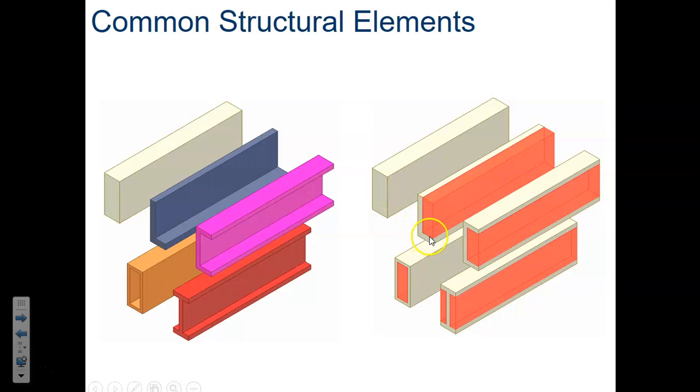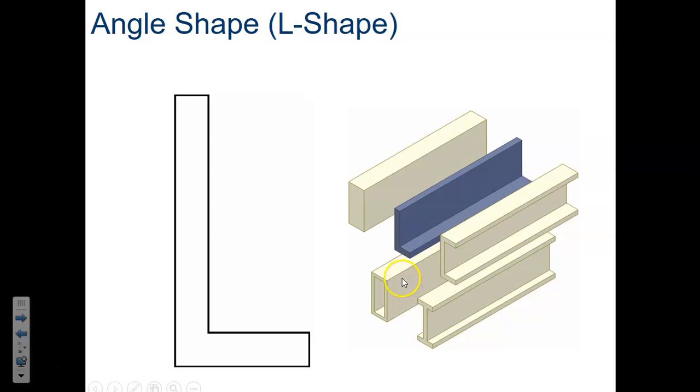So the L is a box beam minus a rectangle. A C is a filled-in beam minus a rectangle. An I beam is a filled-in beam minus two rectangles, and a box beam is a solid beam minus a rectangle. So this is an L beam, an L shape.